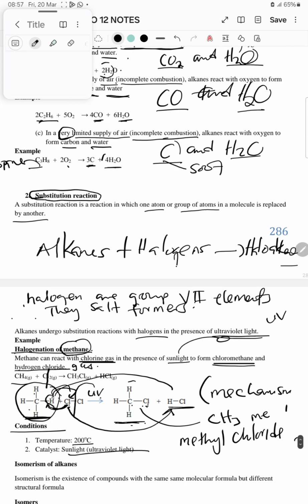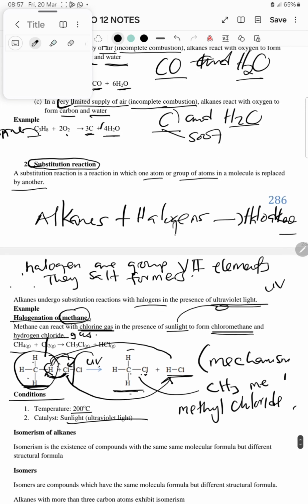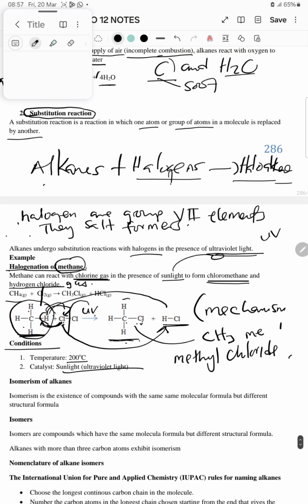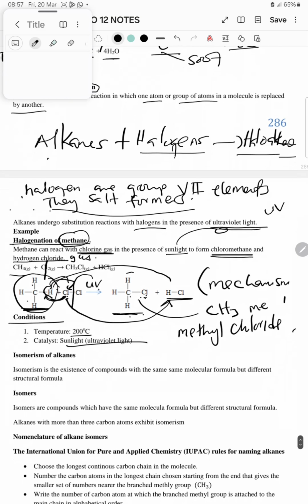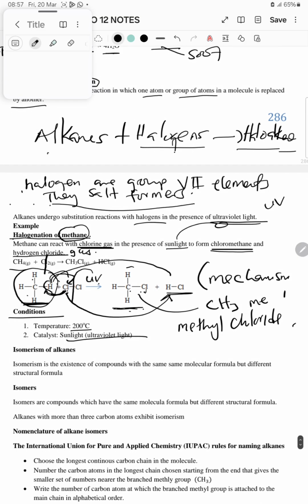Then in a substitutional reaction, we are saying alkanes will react with halogens to form haloalkanes. So what are halogens? Are group 7 elements. Why are they called halogens? Because they are salt formers. So alkanes undergo substitution reaction with halogens in the presence of the ultraviolet.